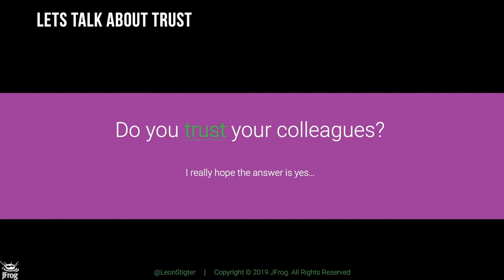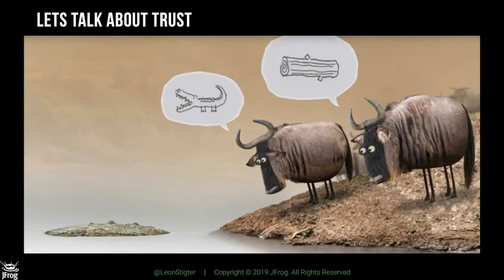And as you look at trust, I came across this amazing video of two water buffaloes at a river crossing that are trying to drink water. And they see this thing in the water, and they're wondering whether it's a crocodile or a log of wood. And I guess it's quite important for them to consider what it actually is before they drink that water, because it really is all about their survival.